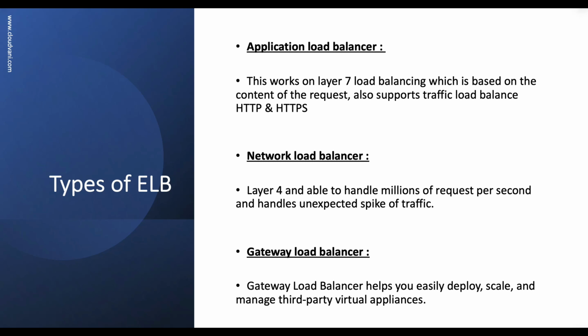So when there is huge traffic, it is going to effectively manage the traffic between the targets through the load balancer. And what is a gateway load balancer? The gateway load balancer helps you to easily deploy, scale, and manage third-party virtual appliances as your targets.